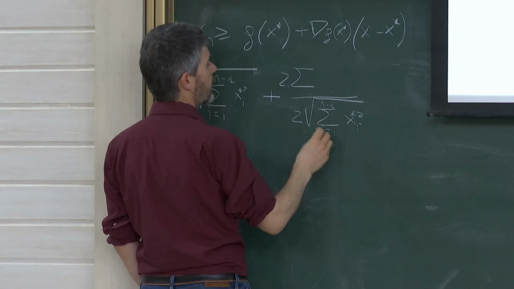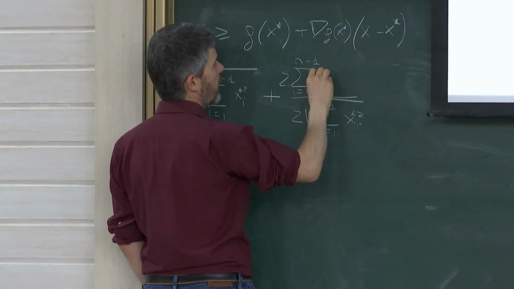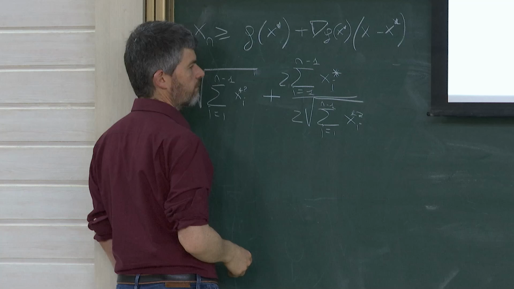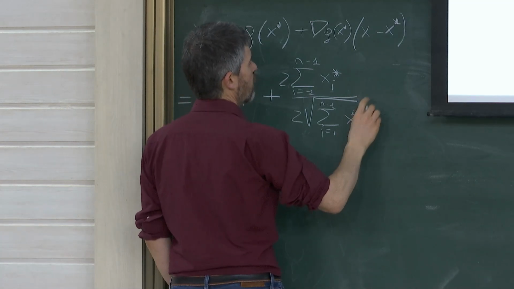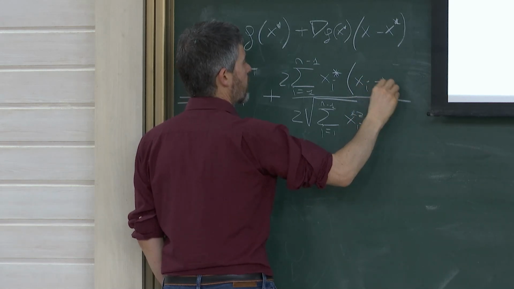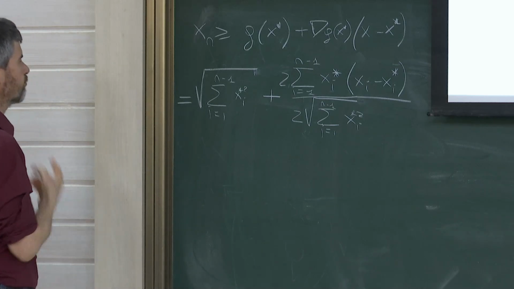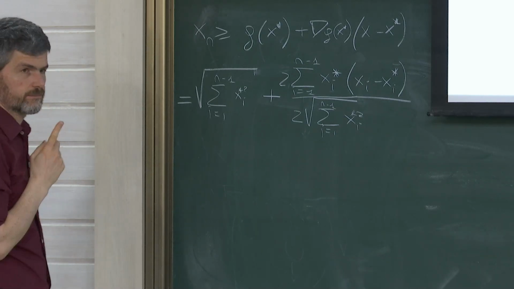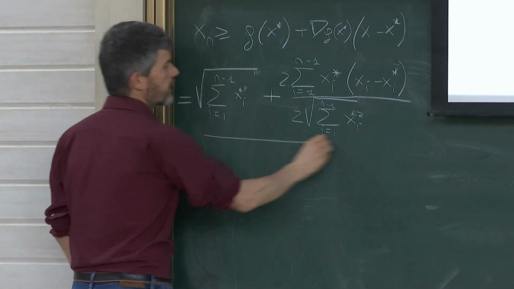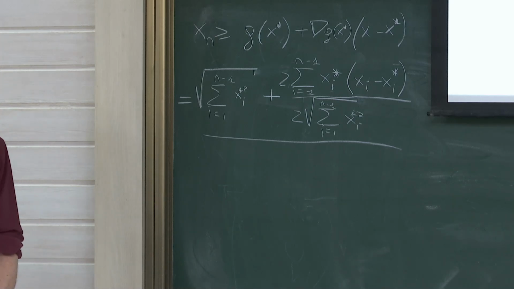And you have 2 times the summation over i from 1 to n minus 1 of xi star multiplied by xi minus xi star. I think. So xn greater or equal than this is your outer approximation cut for the simple second order cone.